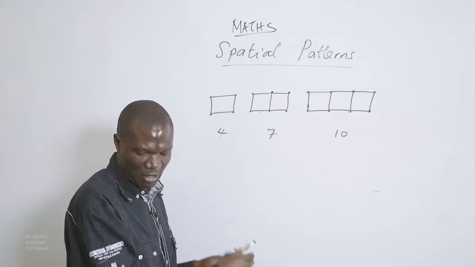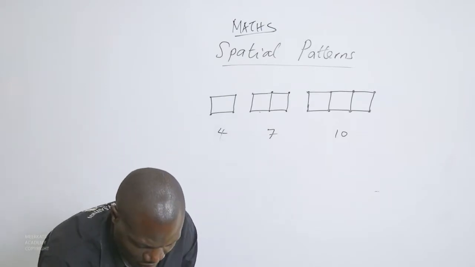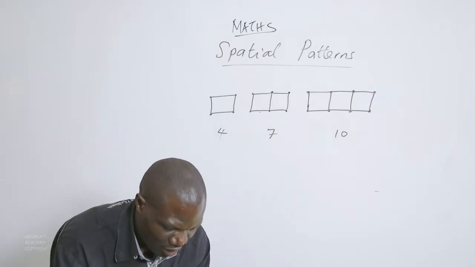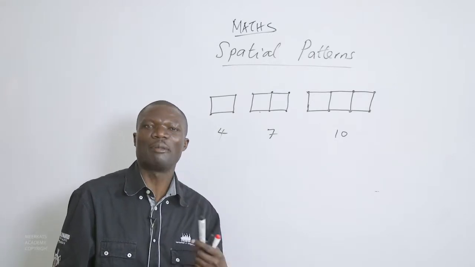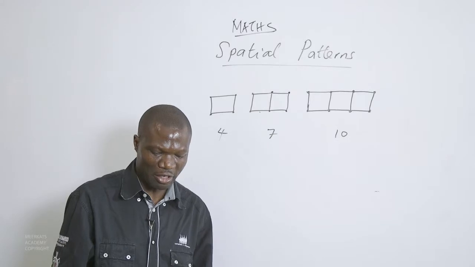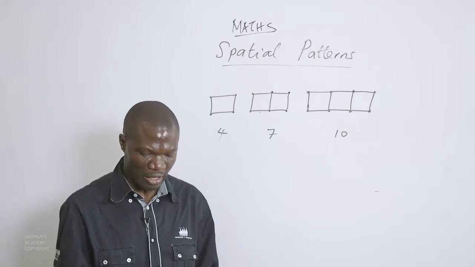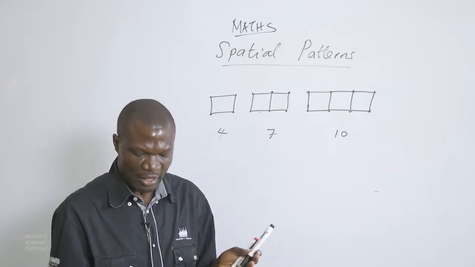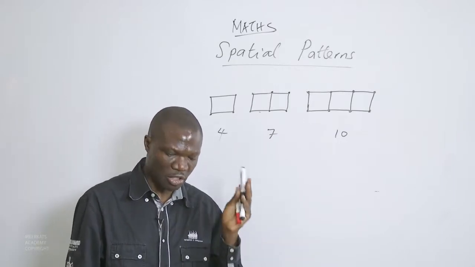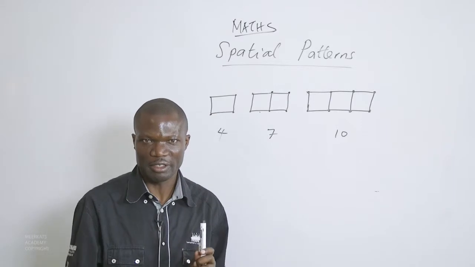Or we can have it concluded by doing it mathematically. I want us to see how we can come up with a way so that we can form a rule that will connect the number of objects and the sticks required to produce the number of designs.